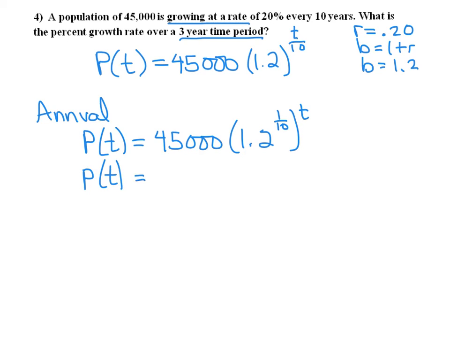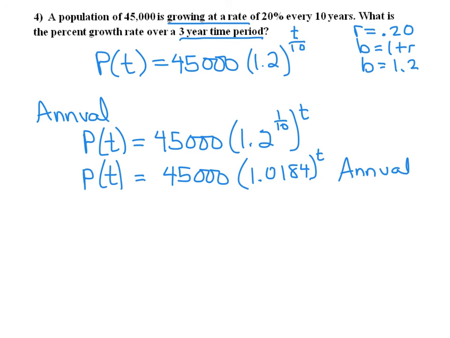So I've got the P of t is equal to 45,000. When I raise 1.2 to the 1/10, that's giving me 1.0184, and that's raised to the t. So this becomes our annual growth rate. This is our equation representing the growth rate in 1 year.